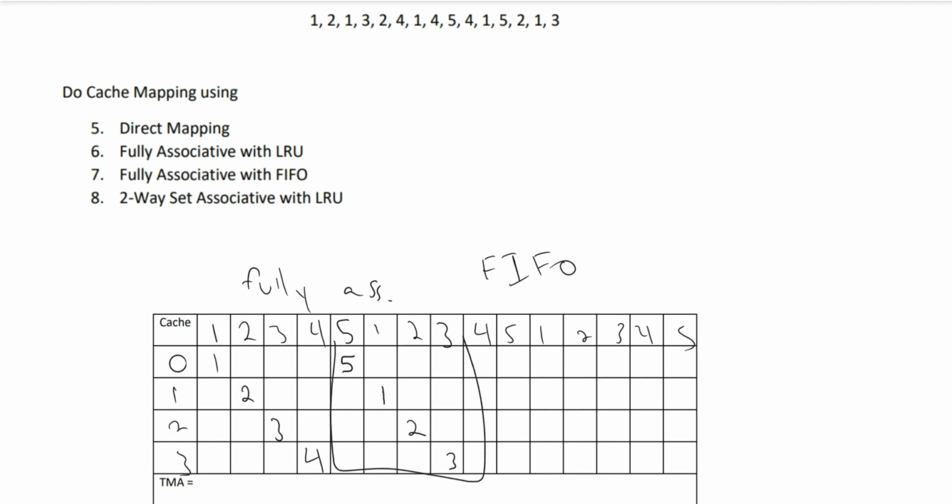Since this is the cache right now, 4 is going to miss again. 5 is going to miss. I think this just keeps on happening, doesn't it?